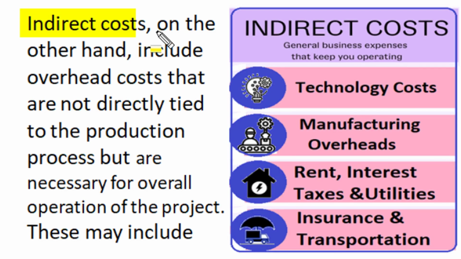Indirect cost of product, on the other hand, include overhead costs that are not directly tied to the production process but are necessary for overall operation of project. They are those general business expenses which are required to keep production operation in continuation, and they include technology costs, manufacturing overheads, rent, depreciation, interest, taxes and cost of different utilities, and insurance and transportation charges.